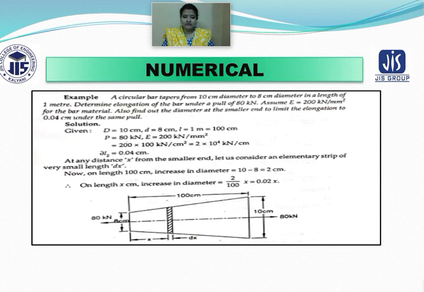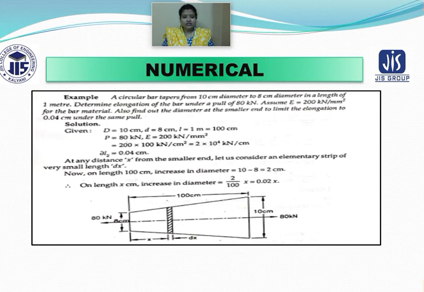It can be converted into centimeter, that is 2 into 10 to the power 4 kilonewton per centimeter square. You can just write 200 into 100 kilonewton per centimeter square.